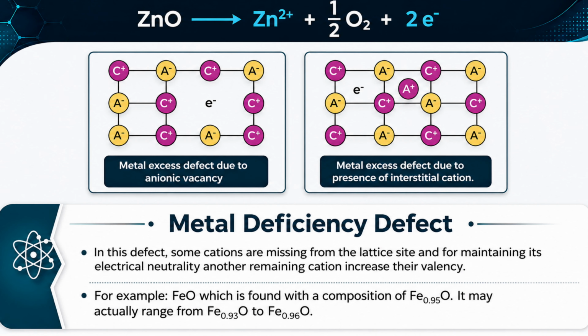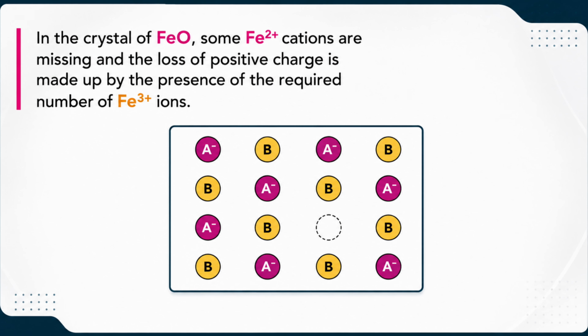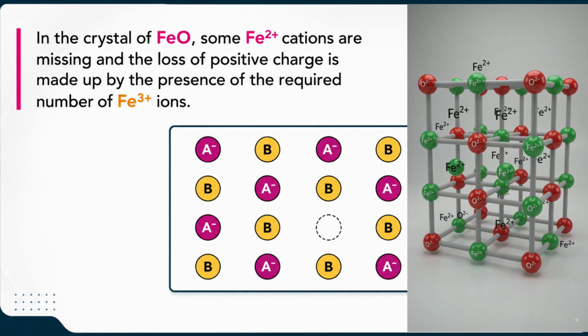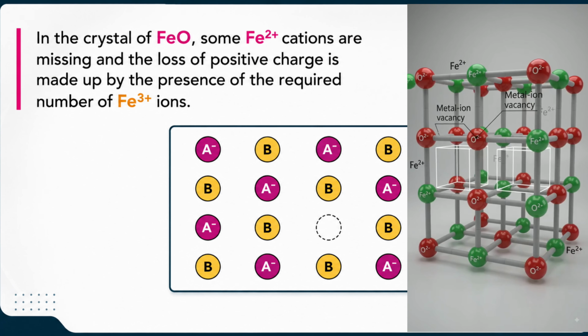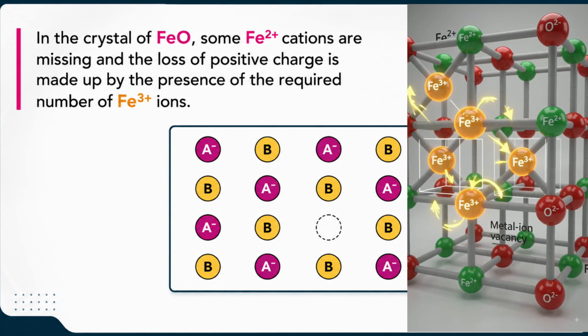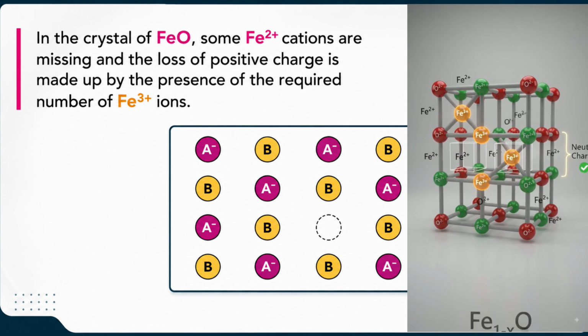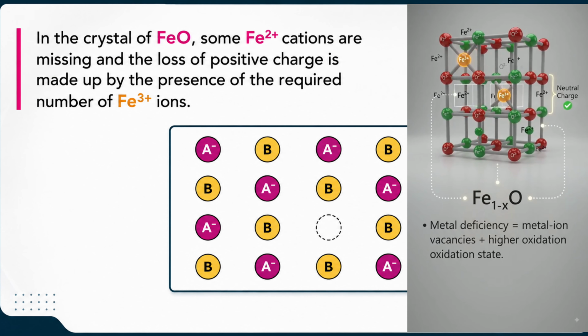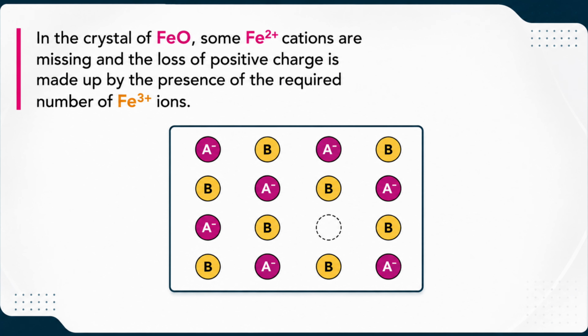For example, iron oxide is found with a composition of Fe0.95O, and it actually ranges from Fe0.93O to Fe0.96O. In the crystal of iron oxide, some Fe2+ cations are missing, and the loss of positive charge is made up by the presence of the required number of Fe3+ ions.